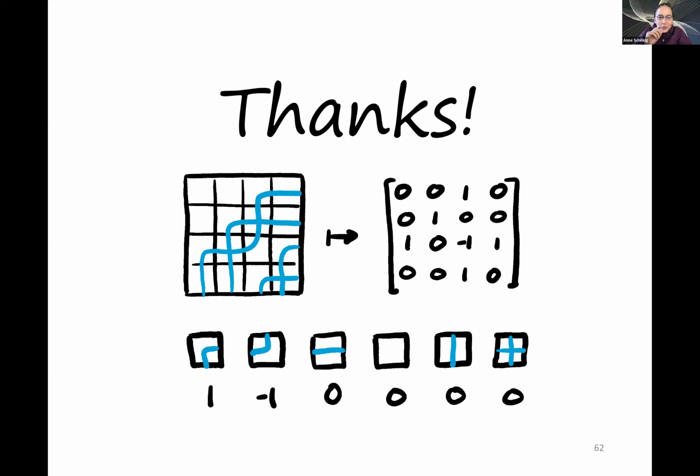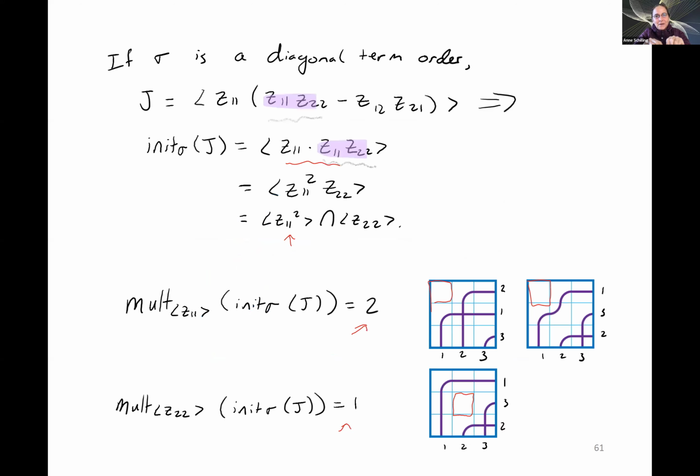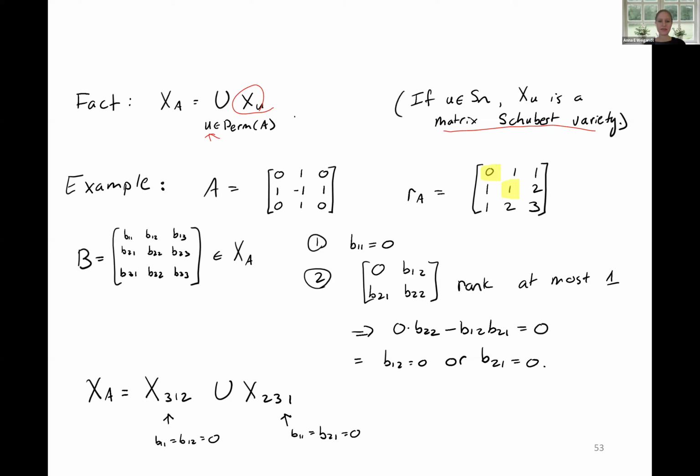I have a question if nobody else has a question. Hi, Anna. Very nice talk. So at some point you said that for the pipe dreams, you had a term or several terms that then became 2 terms in the bumpless pipe dreams? Yes.